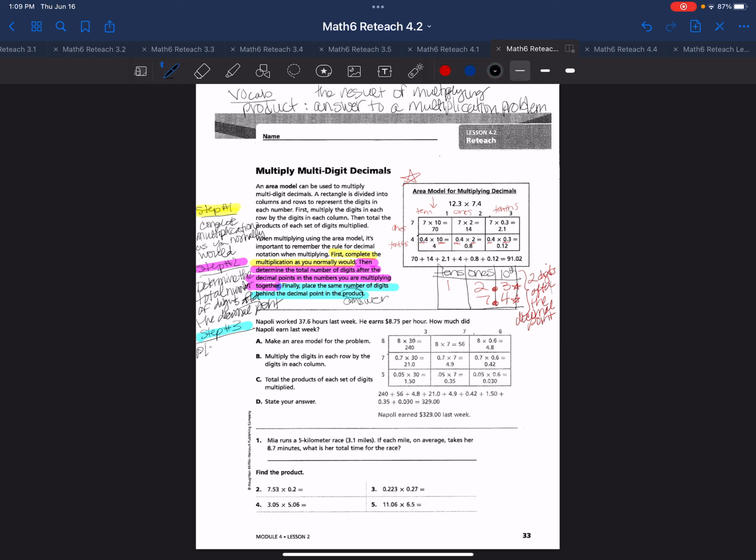So step 3 is place the number of digits behind the decimal in your answer.